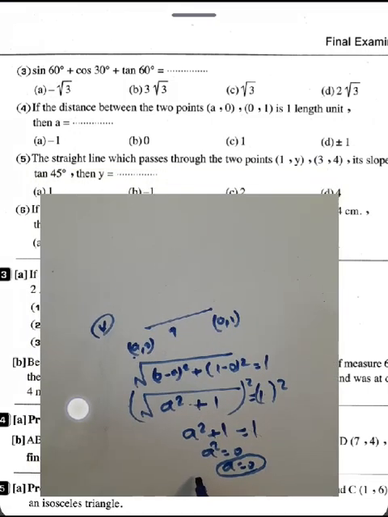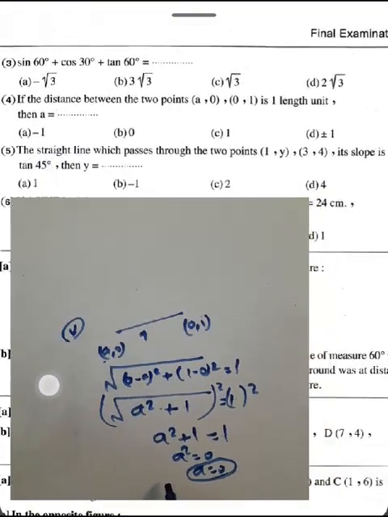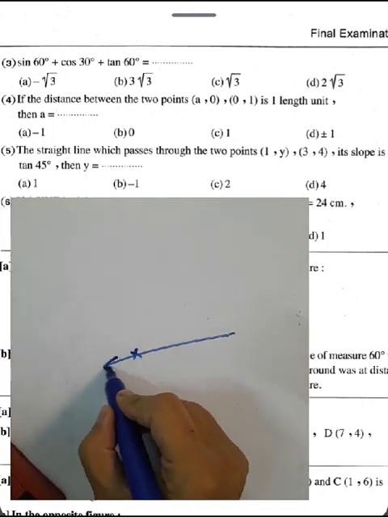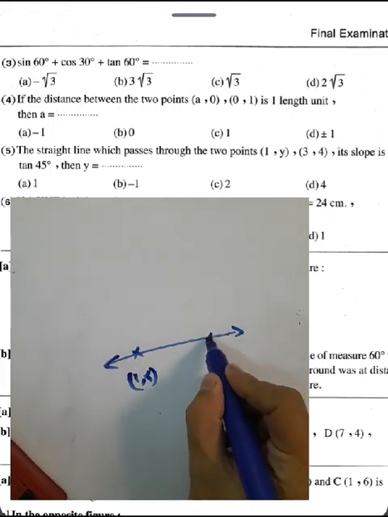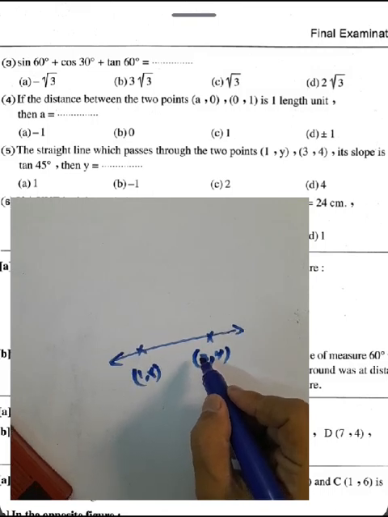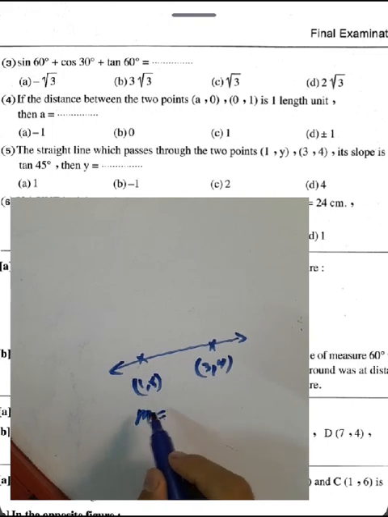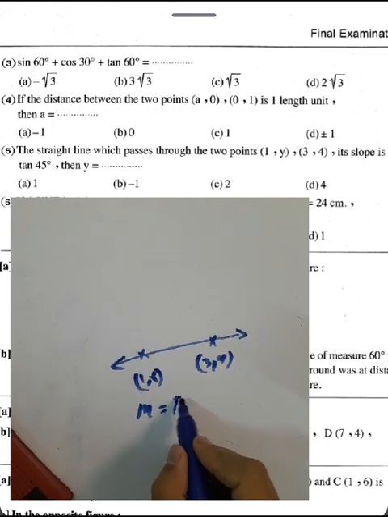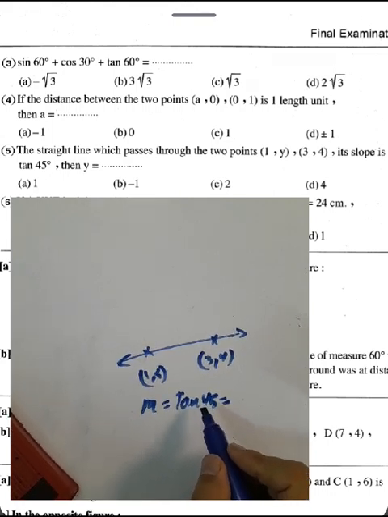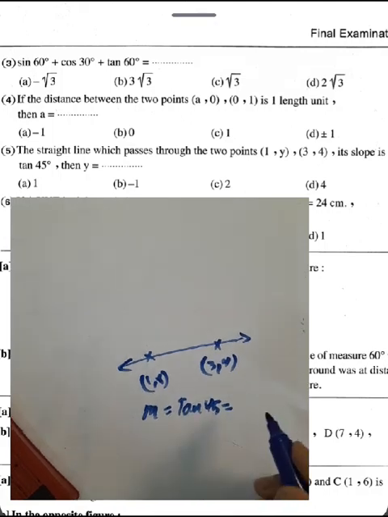Question number 5. The straight line which passes through 2 points, 1 and y, and 3 and 4, has its slope equal 1.